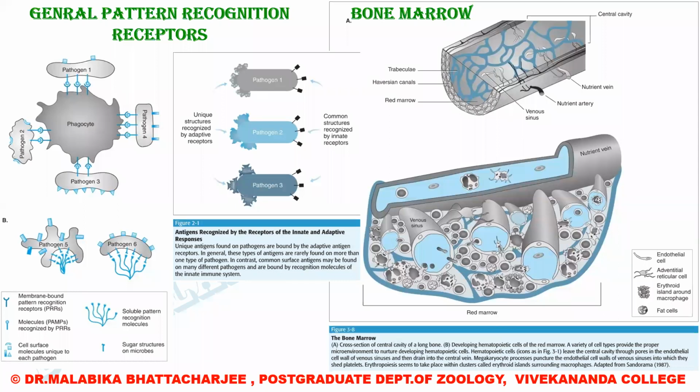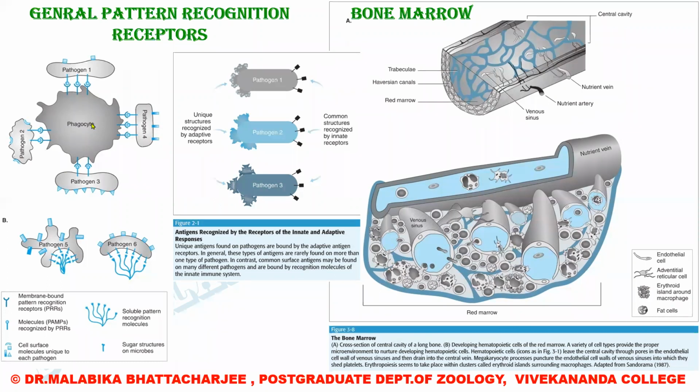They can also be soluble proteins. As you can see, these are soluble proteins that bind to structures found on a variety of pathogens. In the case of pattern recognition receptors, the binding of the pathogen initiates the internalization and destruction of the invader.